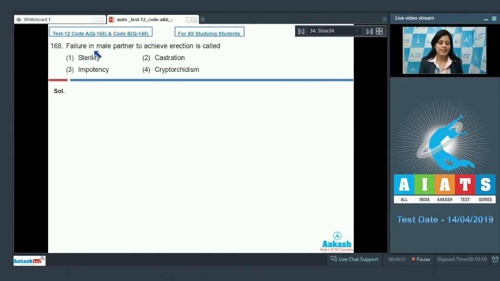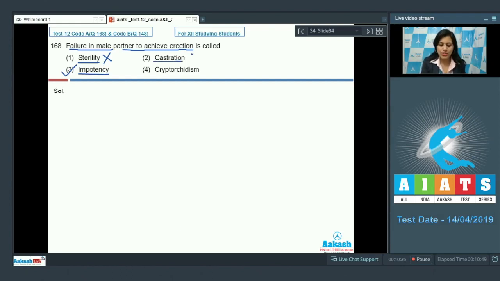Question number 168. Failure in male partner to achieve erection is called, and the options are sterility, castration, impotency and cryptorchidism. And the correct answer to this question is option number 3, impotency. Failure in erection of penis in male partner is known as impotency. Now, the option number 1, sterility, cannot be a correct answer because sterility is inability to produce offsprings.